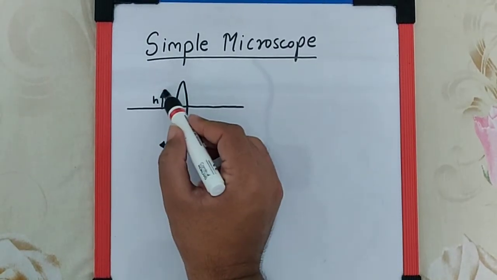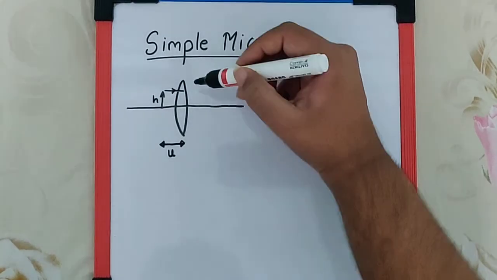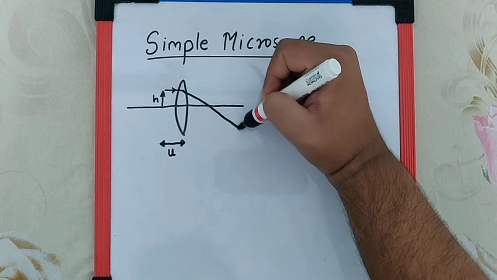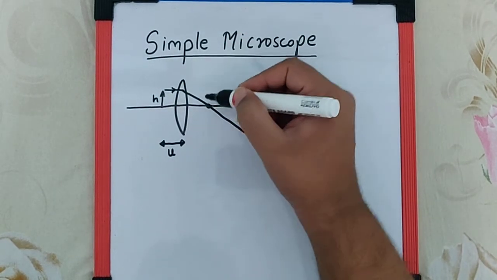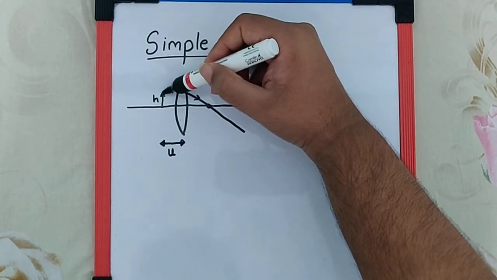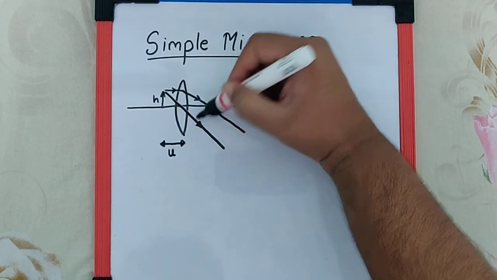Now a ray of light will travel parallel to the principal axis, and so after refraction it will pass through the focus of the lens. The other ray passes through the optical center without any deviation.